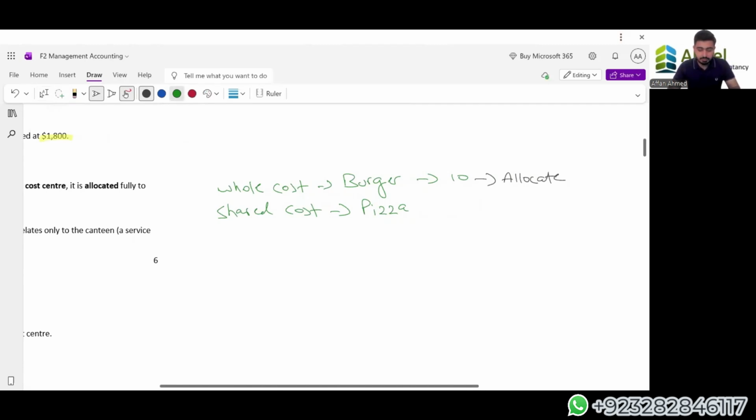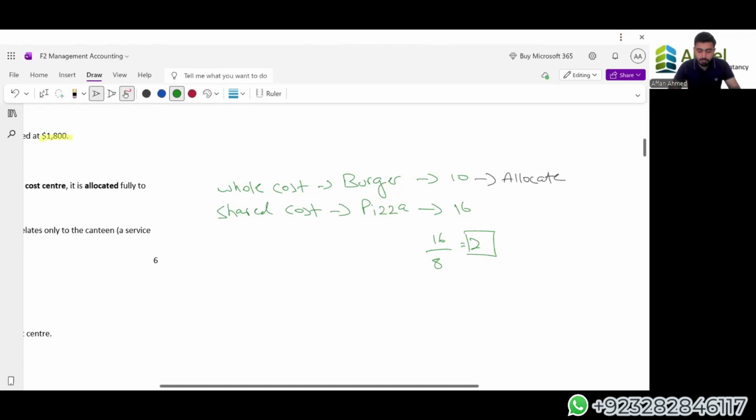On the other hand, if it's a pizza, there are 8 slices in a pizza. There were 4 people that consumed the pizza, right? So if there are 8 slices and the complete pizza cost me $16, 16 divided by 8 gives me 2. So every person who consumed one slice of pizza will have to pay $2, right?